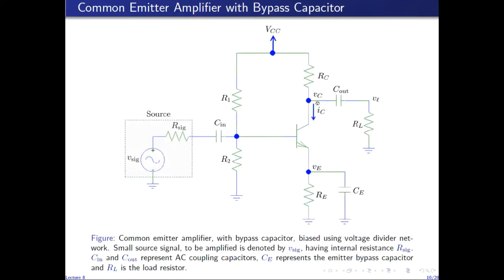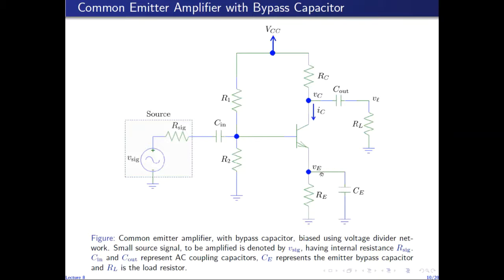So VC is decreasing. VE, the small signal component of the emitter voltage, is zero because of this capacitor. If we look at the AC equivalent circuit, then this node is at AC ground. So small signal VE is zero, which means that the total emitter voltage is actually equal to the DC voltage.